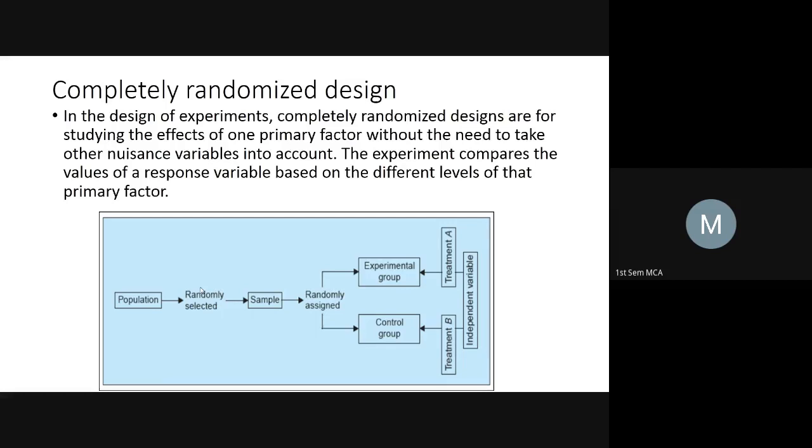Now, what is this? I told you what randomization is. You are going to take random inputs, and random inputs always give random outputs. Now, you see the diagram. You have a population, say 50 students.